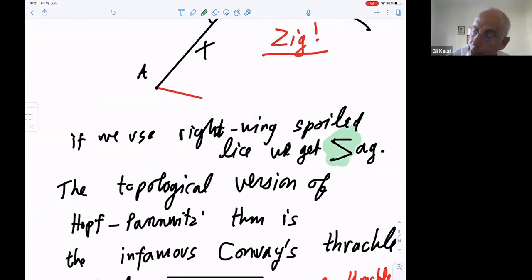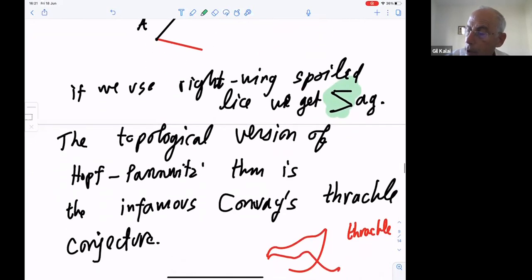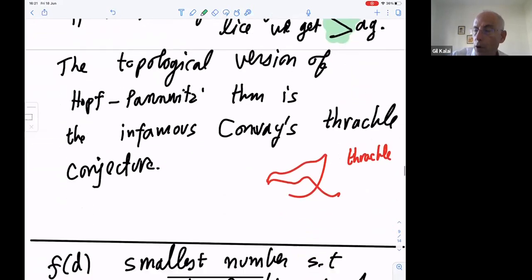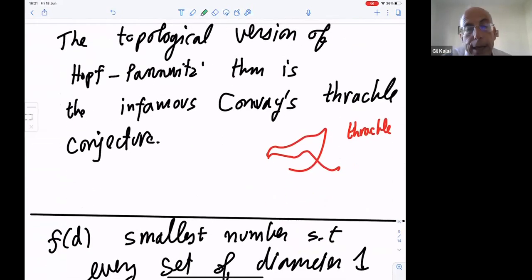As I said, this is the beginning of a very nice theory of geometric graphs with extremal questions of this nature. And I should mention that the topological version of the Hopf-Pantwitz theorem is the infamous Conway's Thrackle conjecture. What Conway did was replace a line segment by a pseudo-line segment.